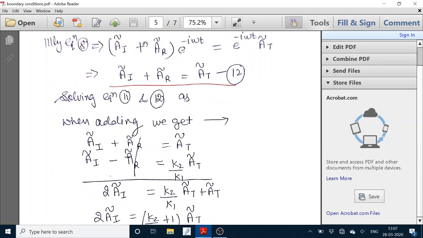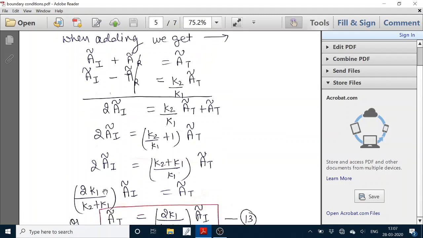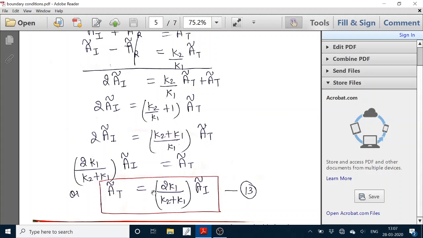When we add the two equations, ar has opposite signs, so it cancels out and it becomes 2ai equals (k2 upon k1) at plus at. Taking at common, 2ai equals (k2 upon k1 plus 1) at. On taking LCM, it becomes (k2 plus k1) upon k1 into at. On rearranging the terms, at equals 2k1 upon (k1 plus k2) ai.